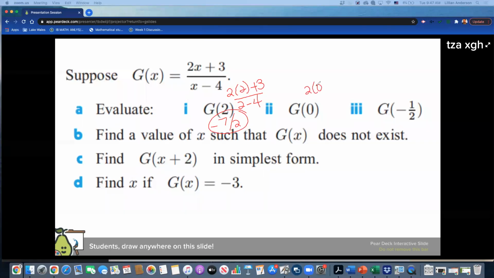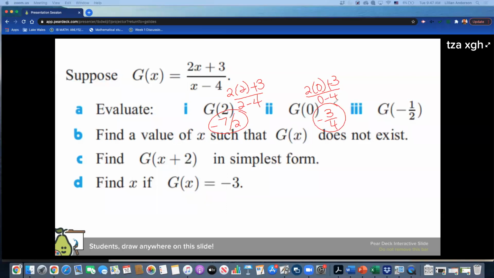When you plug in 0 for x, somebody online, what did you get? -3/4. Very good. When you plug in 0 for x, what are you finding on the actual graph, like what is that called?